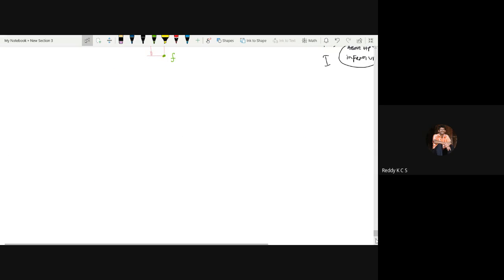So till now we discussed, for example, the first quadrant, and when the point A is located in the first quadrant, how the views are obtained. That's what we discussed, right?